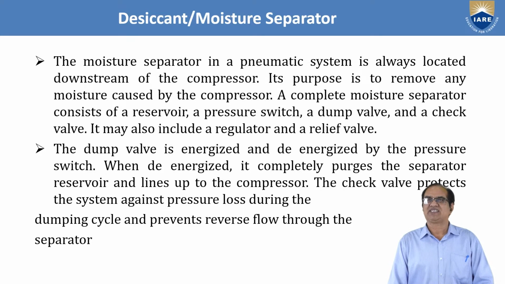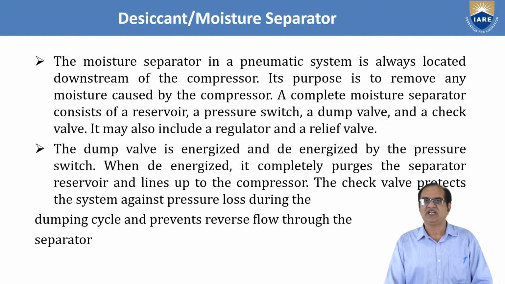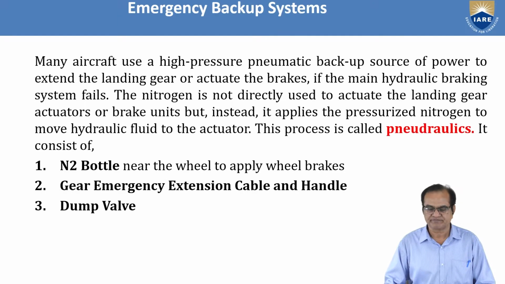When de-energized, it completely purges the separator, reservoir and lines up to the compressor. The check valve protects the system against pressure loss during the dumping cycle and prevents reverse flow through the separator.